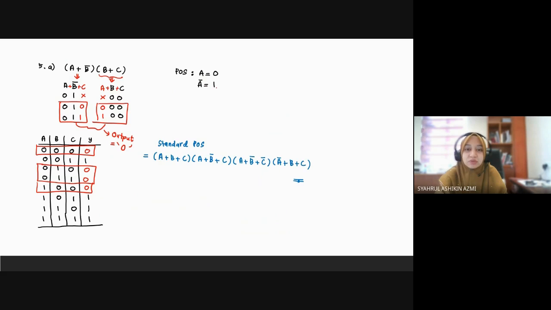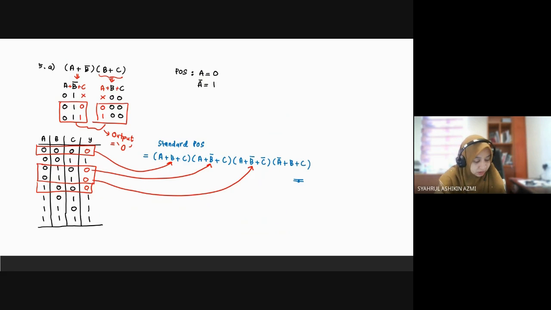With over bar, it will be equal to 1. So this one here is A plus B plus C for the 000 input combination. Okay, for 010, which is this one here, 011, this one here, and lastly 100 is this one here.